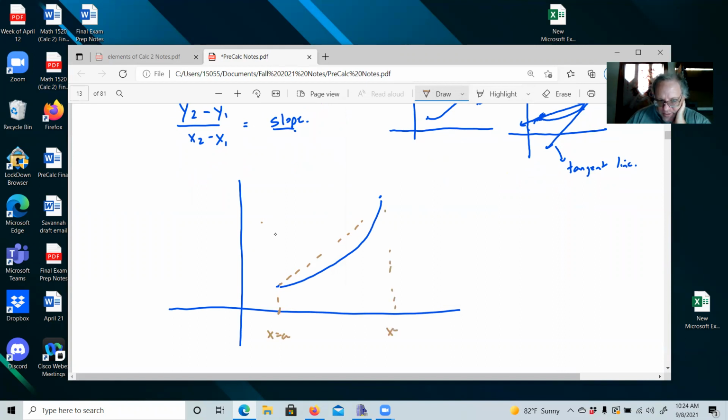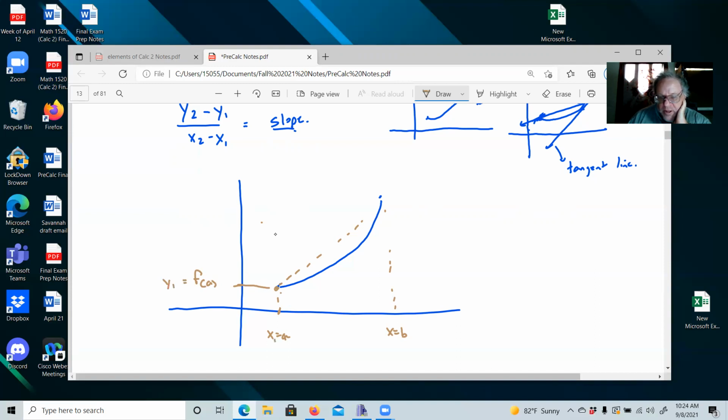This is the value x equals b. And I look at the y value here, right? What is this y value? Well, that's going to be f(a), right? X equals a. The y value.